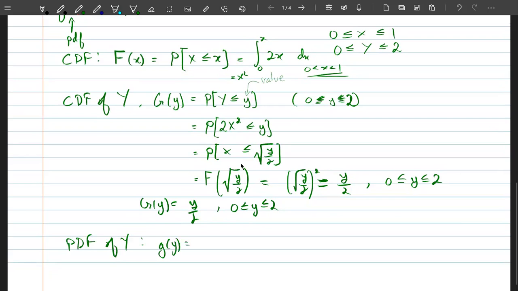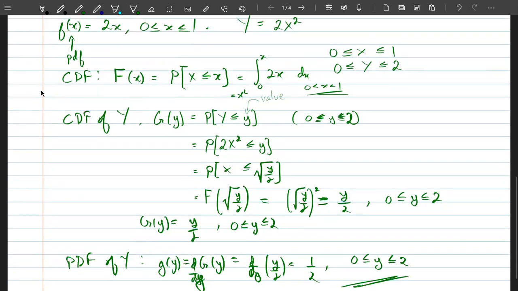Small g of y, which is actually the derivative of capital G of y, and so that is d/dy of y by 2, which is 1 by 2, where y lies between 0 and 2.